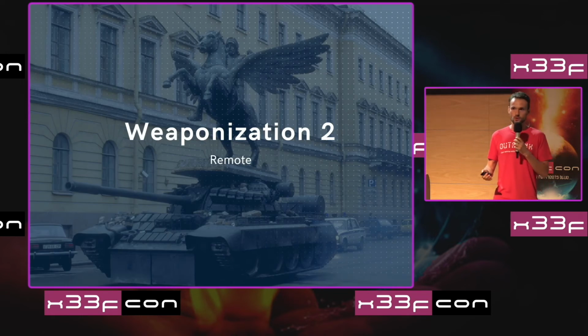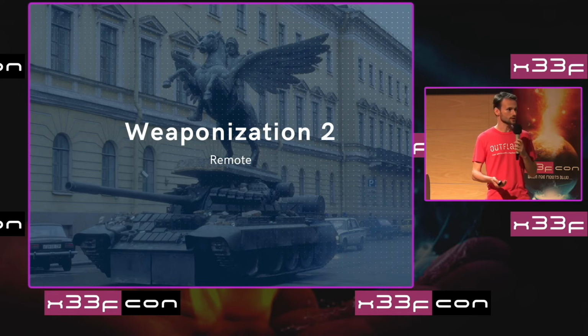Let's improve upon our current proof of concept by not providing multiple files in a zip or something like that, but to actually load this XLL from a remote location. But then we run into our very first problem.